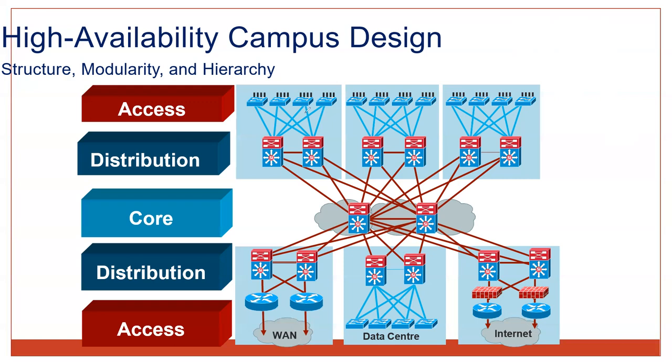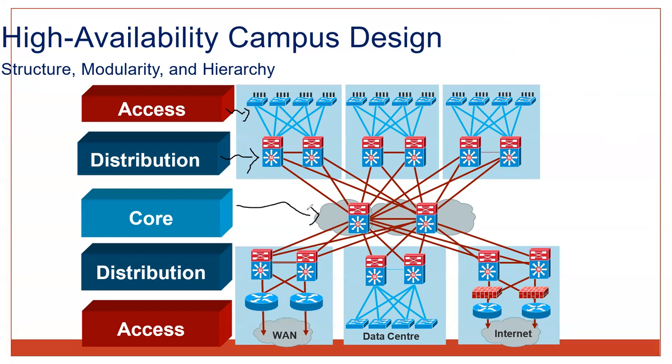Now in this diagram, you can see that this is the core or the backbone. Everyone knows what the use of core, distribution, and access is. In loose terms, the core layer is something which is common with all the distributions.